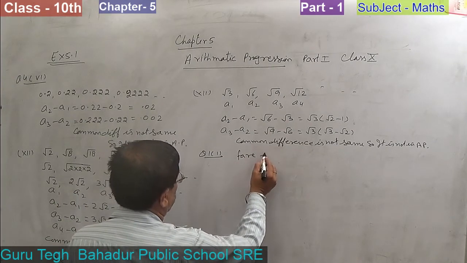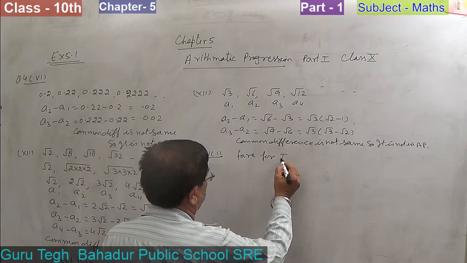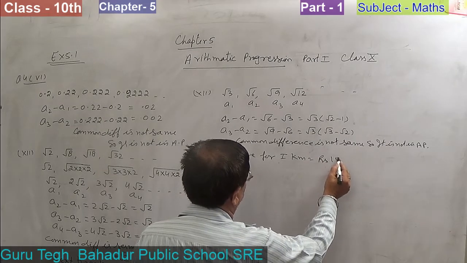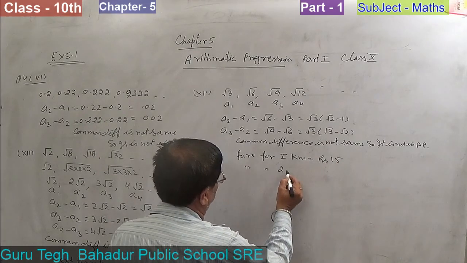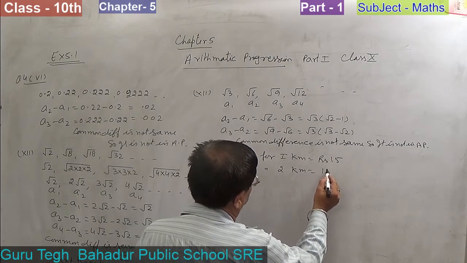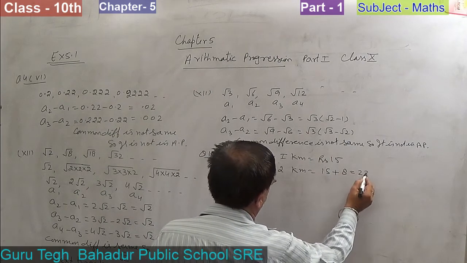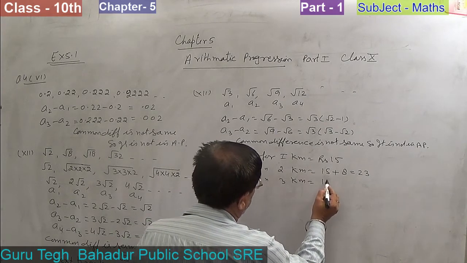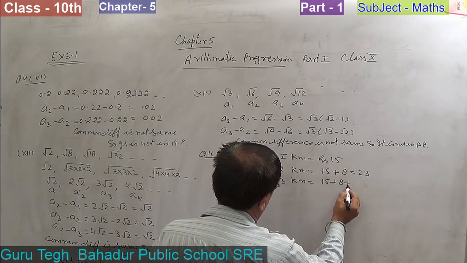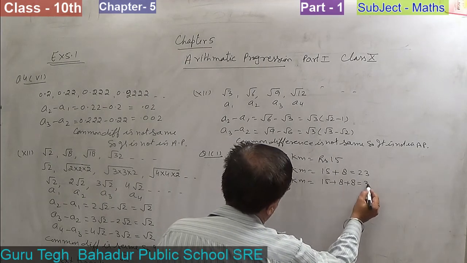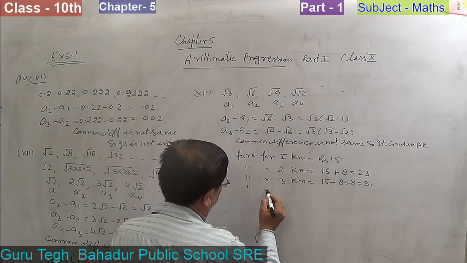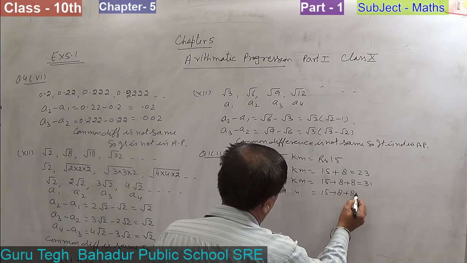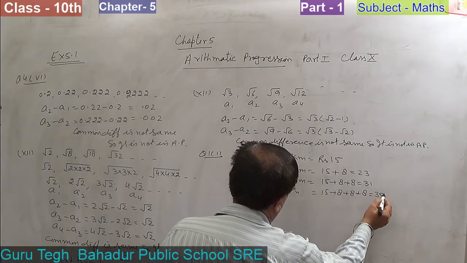Fare for first kilometer is rupees 15. Fare for 2 kilometer is 15 plus 8, 23. Fare for 3 kilometer 15 plus 8 plus 8, 31. Fare for 4 kilometer 15 plus 8 plus 8 plus 8, 39.